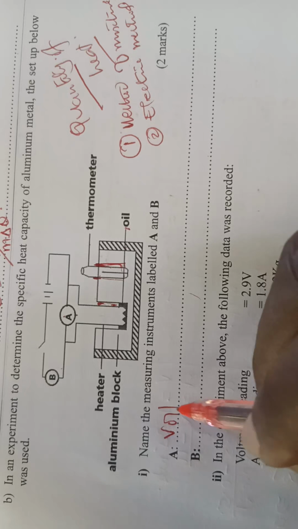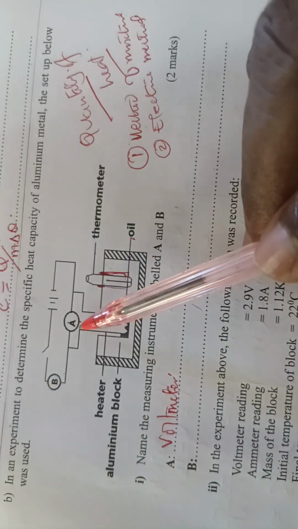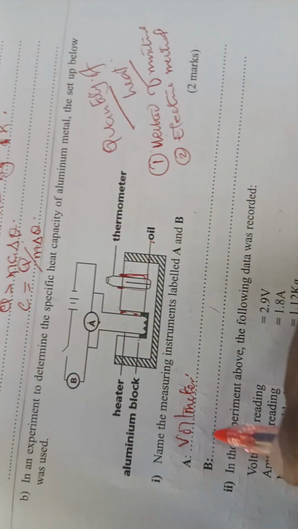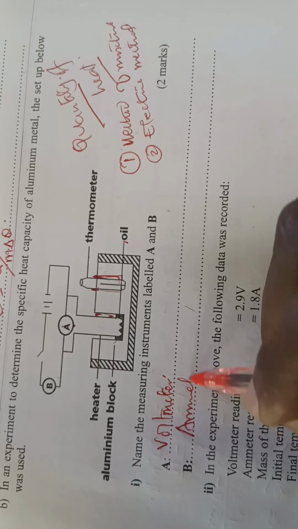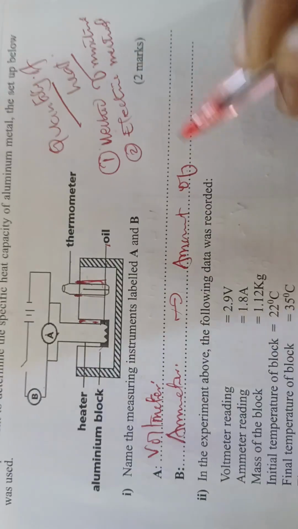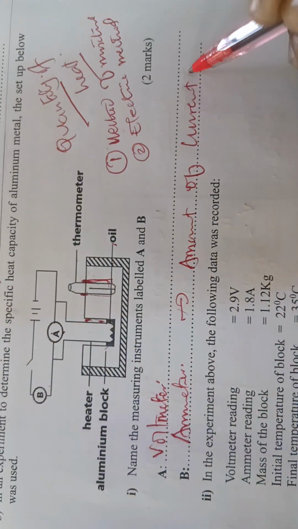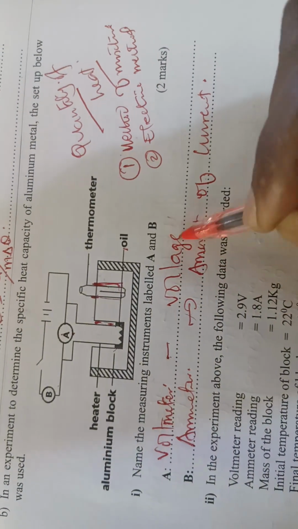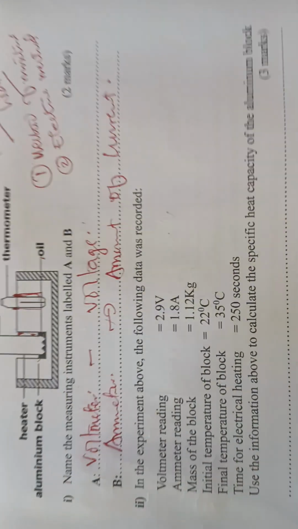Therefore our A becomes a voltmeter, because we need to get the voltage across the heater, and B is the ammeter that will be recording the amount of current.